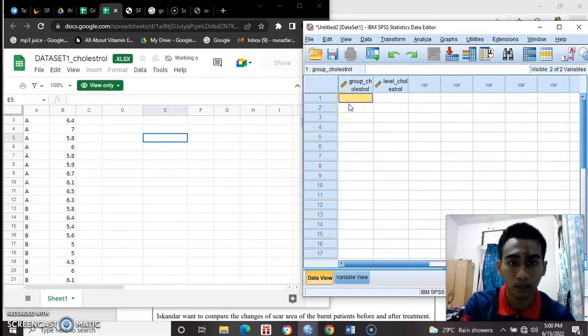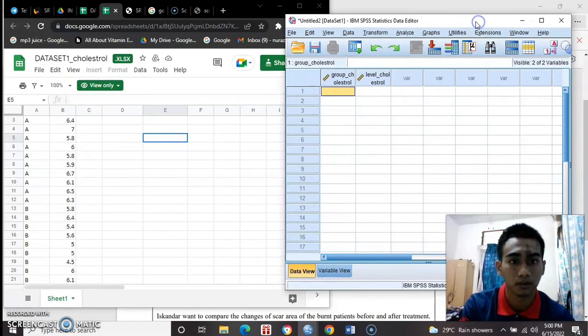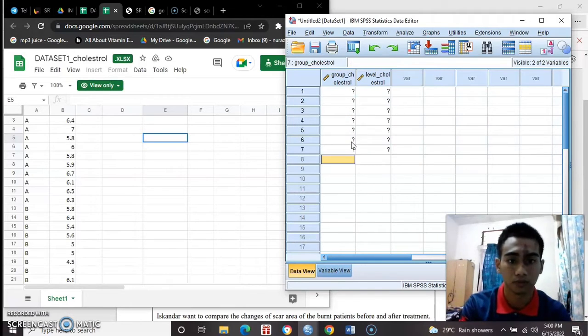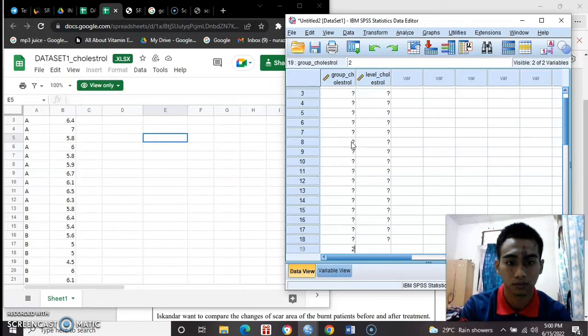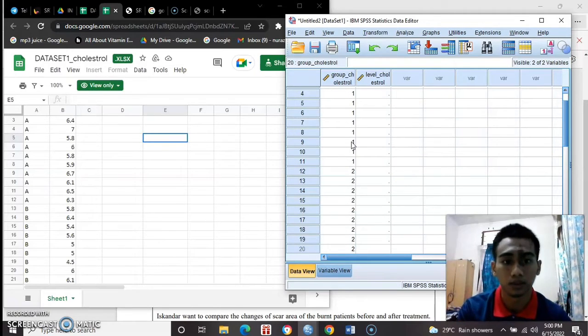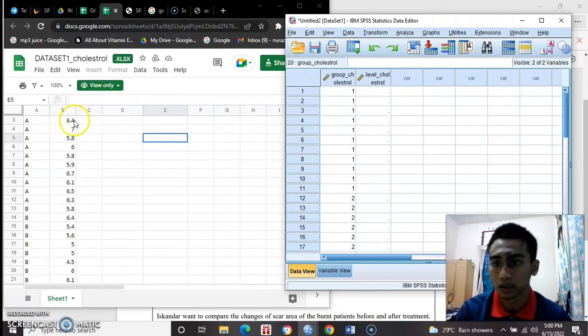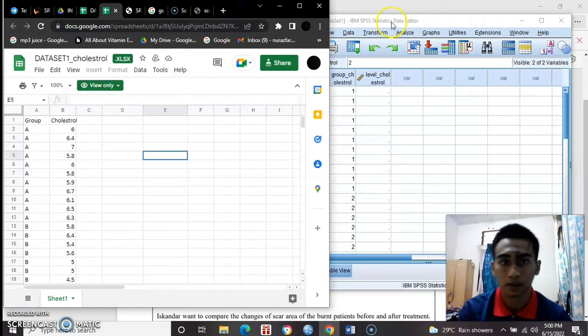So 1. Next we will key in the data for the level of the cholesterol.